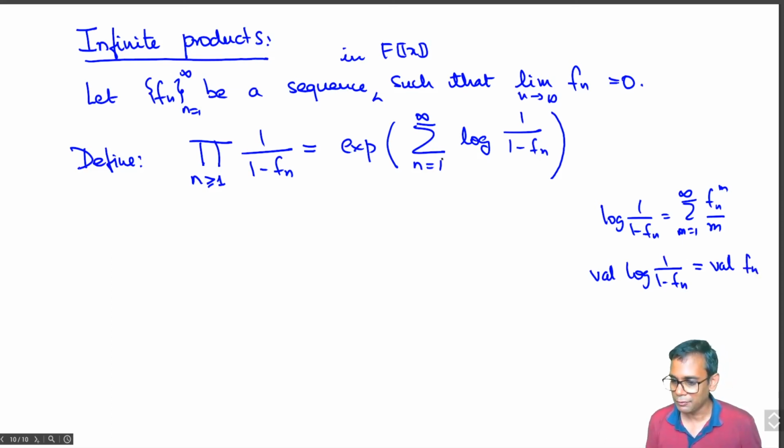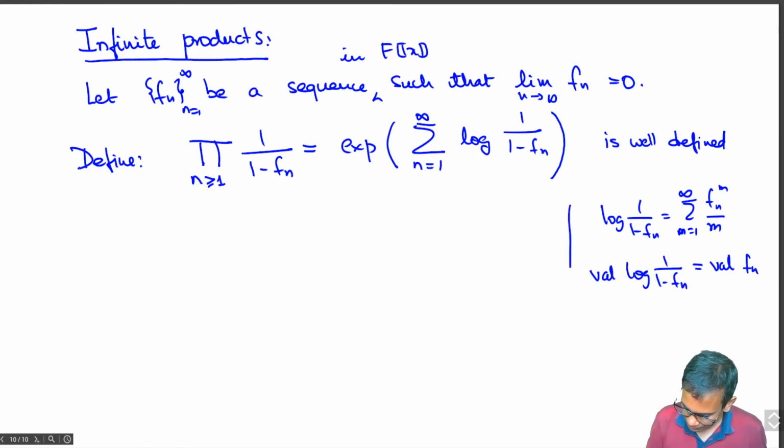So this makes perfect sense. This is well defined. Also, each of these summands has constant term 0, so the total sum has constant term 0.